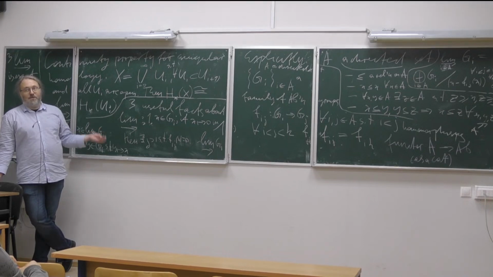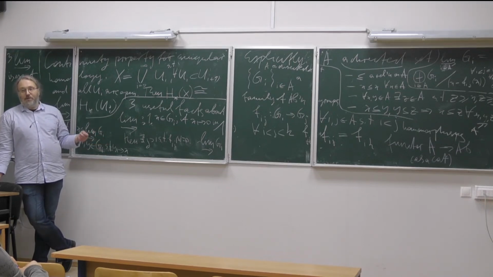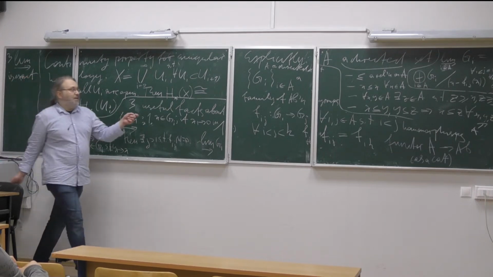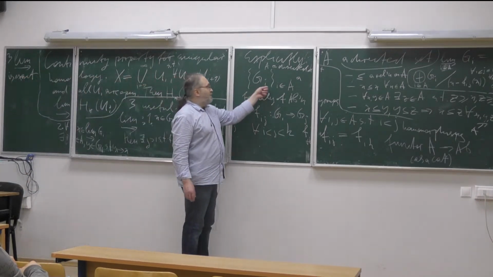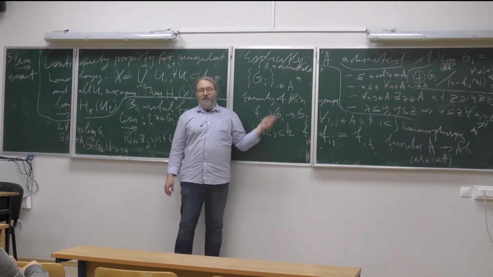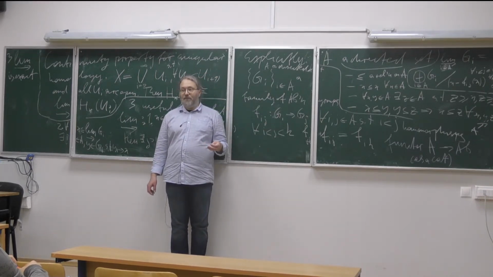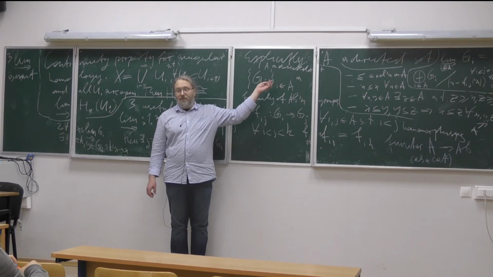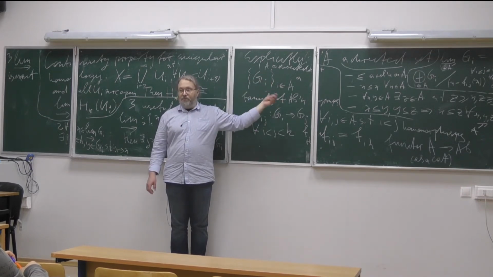Can someone give me an example of a non-trivial direct limit? Well, non-trivial meaning not all maps are identical. If all maps are the identical maps, then the direct limit is just the group itself.